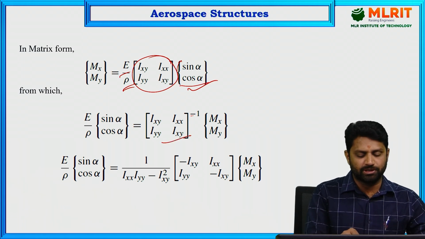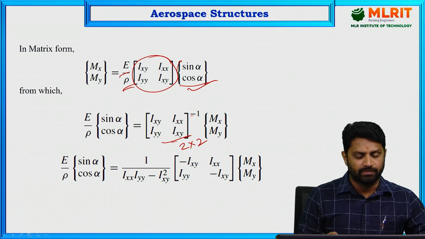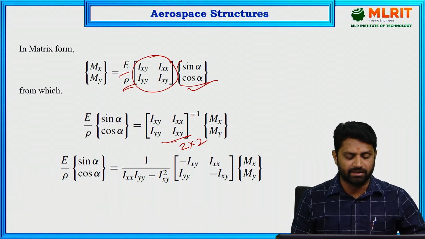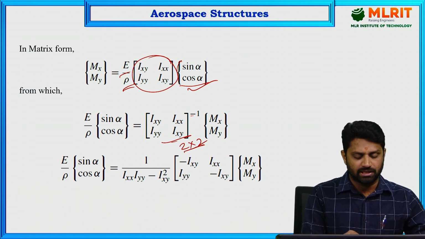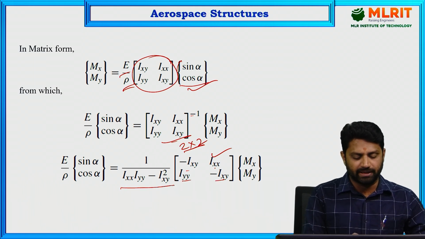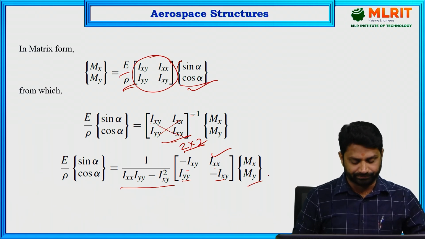This is a 2 by 2 matrix, and when you take the inverse, you know that you get adjoint A by determinant A. We are writing that for the 2 by 2 matrix, and the adjoint A is minus Ixy, Ixx, Iyy, minus Ixy, divided by determinant A, that is Ixx Iyy minus Ixy square, into Mx My.